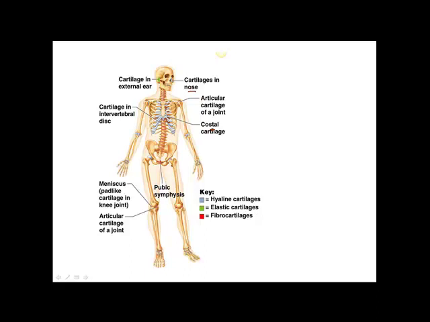Okay? So the pubic symphysis between your pubic bones is fibrocartilage. And what else? Oh, the cartilage in the external ear, elastic. And that's about it. Okay?